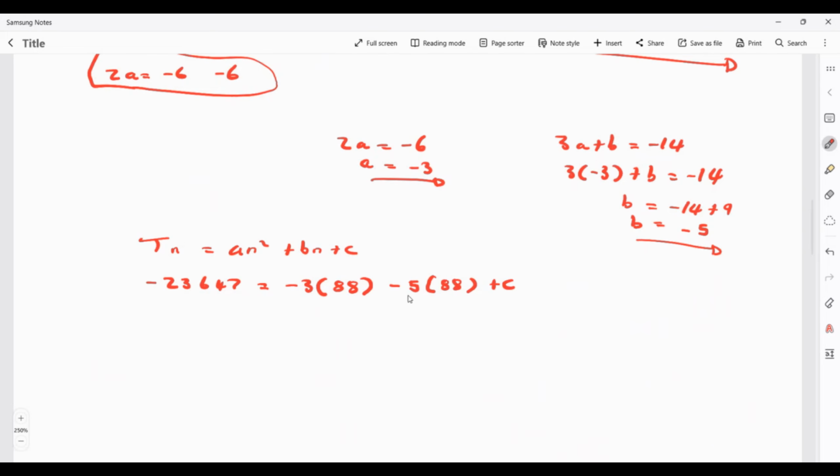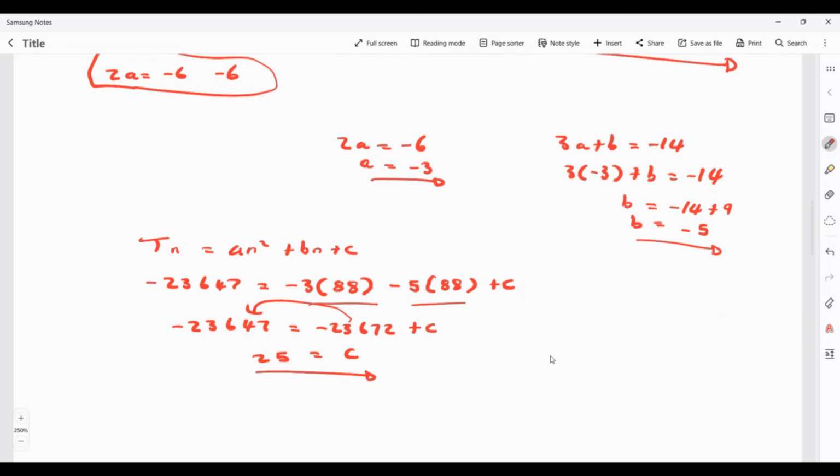I'm looking for it. When I work this out, I actually have -23,647 is equal to -23,672 plus c. And then my c will actually be, when I take this to the other side, it becomes positive. Then my c is actually 25 from there.